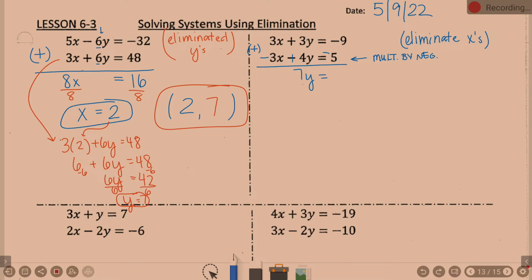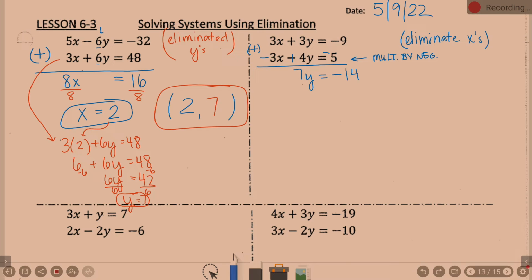Negative 9 plus negative 5 is negative 14. I said 14. Okay, I didn't realize it came from two different people. Negative 9 plus negative 5, they're both negative, so add them and keep the sign.